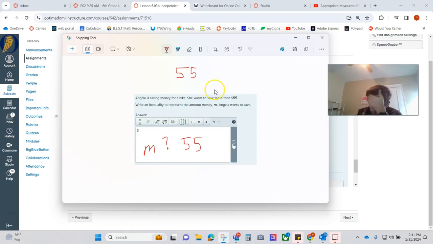So what's a number more than 55? 56, 60, 70. Okay, so yep, I can keep going. These are numbers more than 55. So is 55 the smallest number in the story or the biggest number? 55 is the smallest number. So if we were an alligator, and instead of dollars, we're talking about fish, we're not going to want to eat 55.